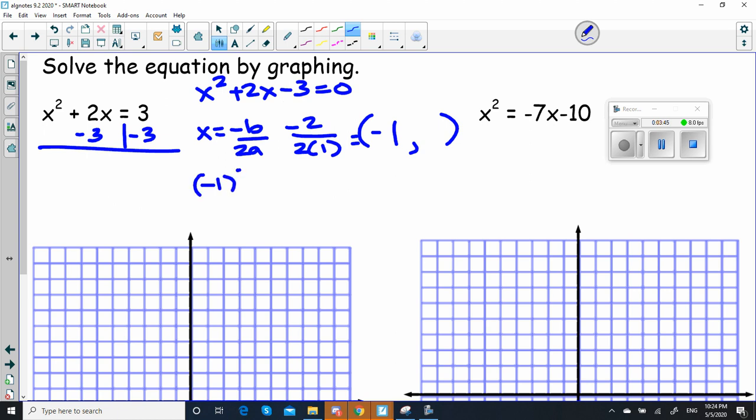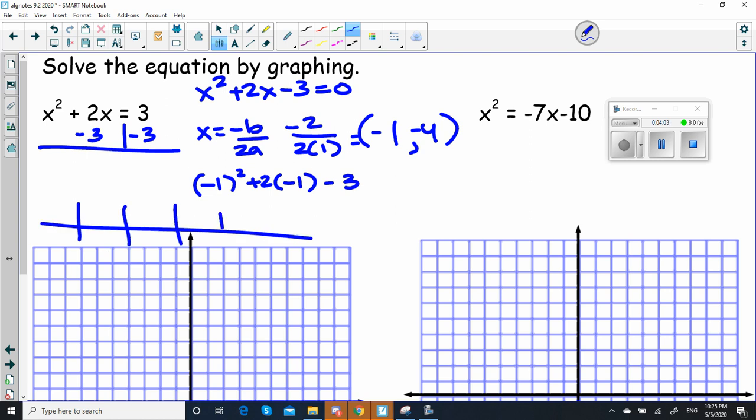So (-1) squared plus 2 times -1 minus 3. So if we type that into the calculator, that would be 1 minus 2 minus 3. That gives us -4. So remember what I'm looking for. I'm actually looking for where the graph crosses the x-axis. So I'm going to put my vertex right in the center.